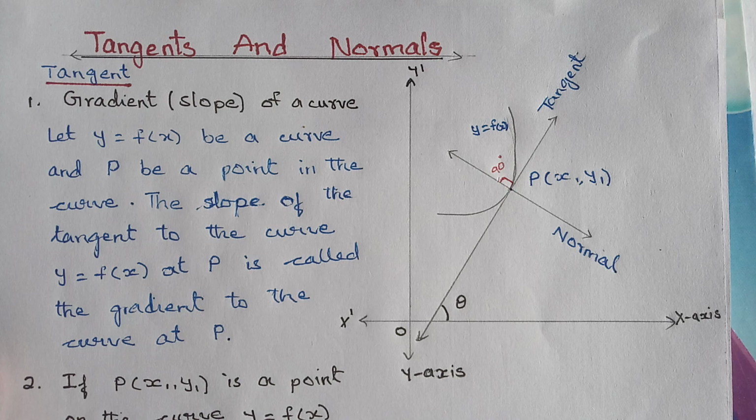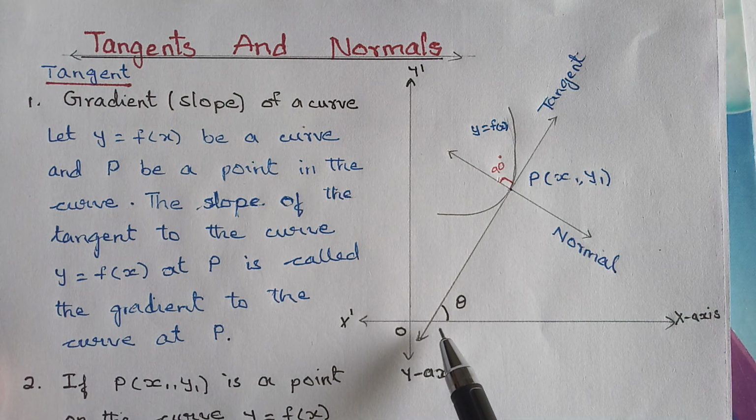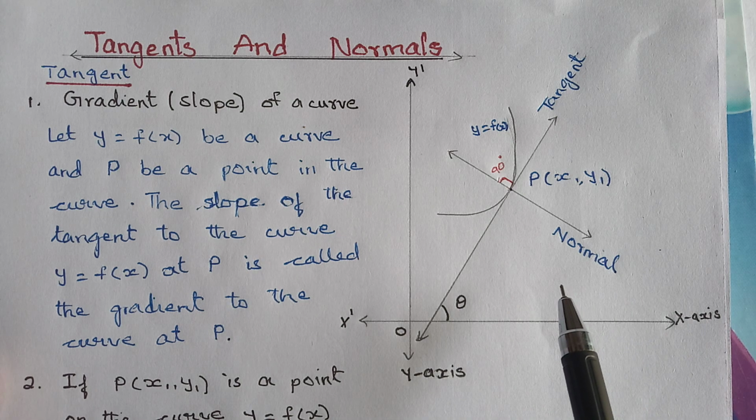This straight line makes an angle theta with the x-axis. That becomes the slope of the curve, or you can say the gradient of the curve.